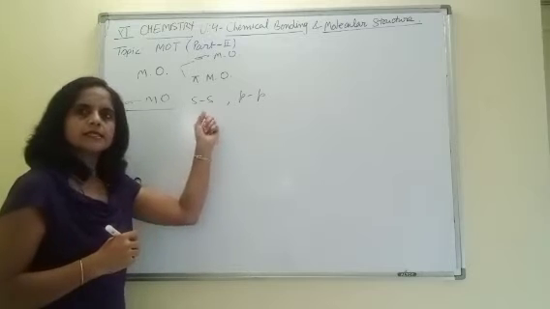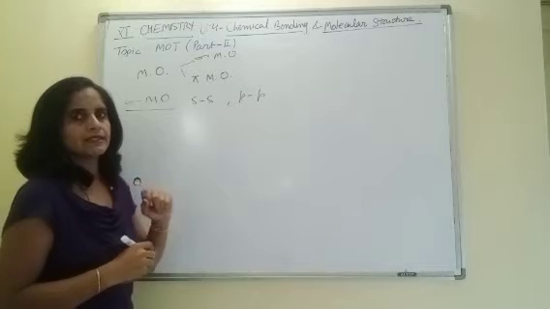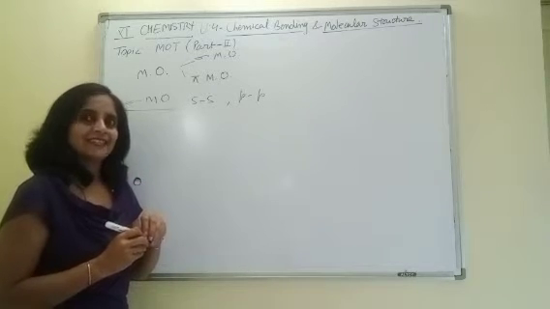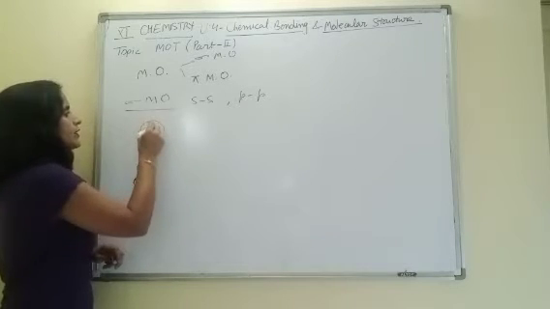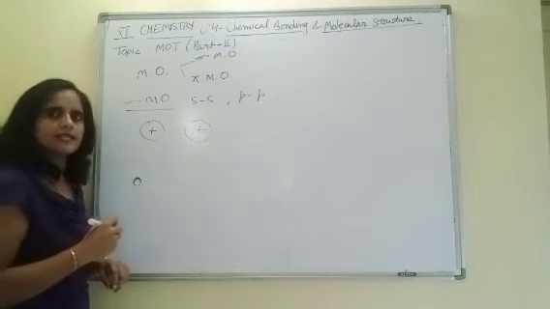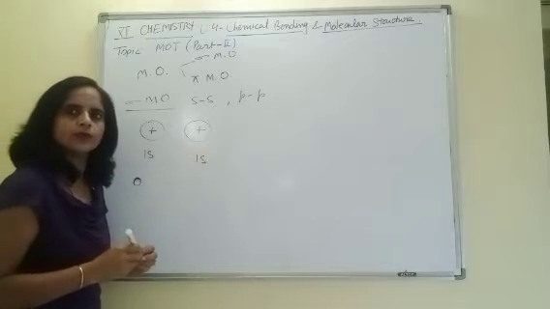Let us first discuss the overlapping of two S atomic orbitals. Who will tell me the shape of the S atomic orbital? Yes, correct answer. It is a spherical shaped atomic orbital. So let us take these two S atomic orbitals. Suppose this is 1s, and this is also 1s.